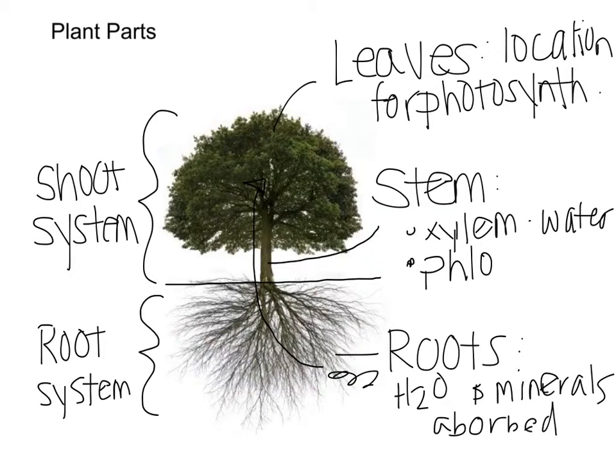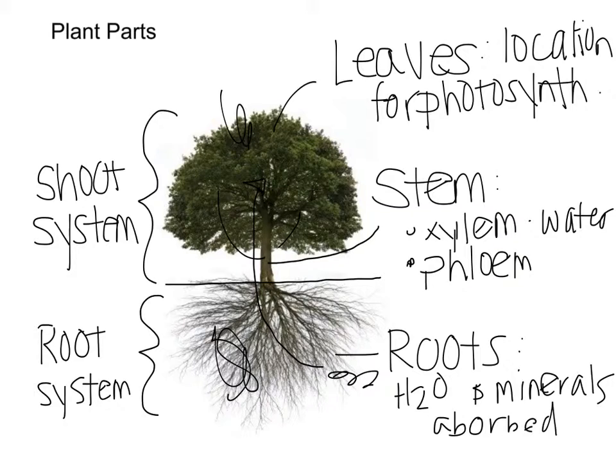It doesn't run from the roots to the leaves, it runs from the leaves to elsewhere in the plant, because the sugar that is made in the leaves sometimes gets needed in other parts of the plant. Some plants need the sugar in their roots because that's where they store their energy. Some plants store the energy in the trunk of the plant. So that sugar does travel down from the leaves if it's not used up by the plant immediately.